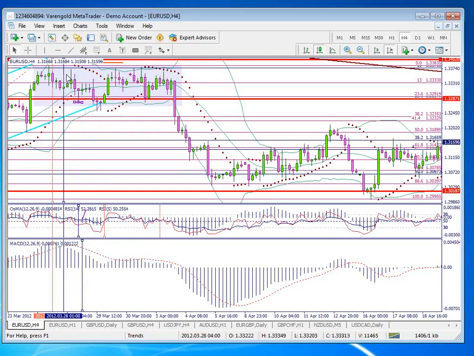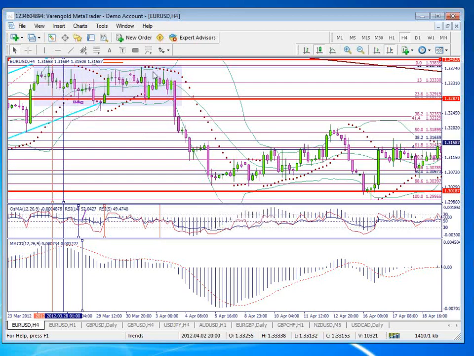I have this signal on the 4-hour chart, so it is possible to have one long period until the signal is confirmed.